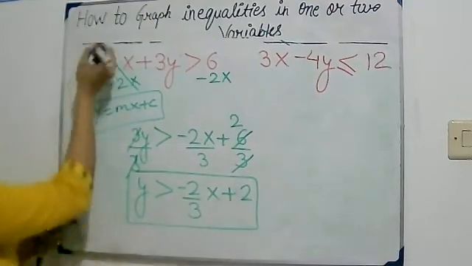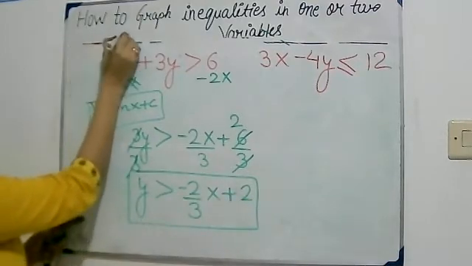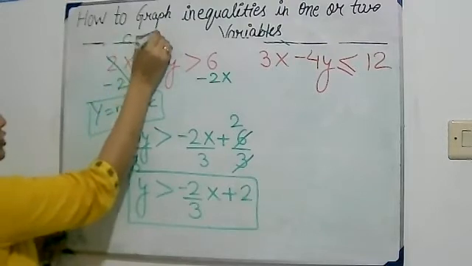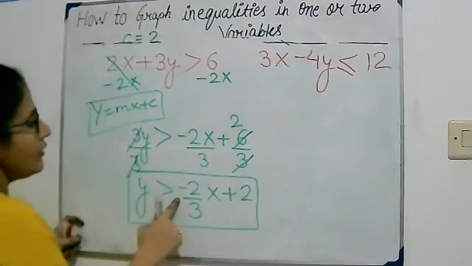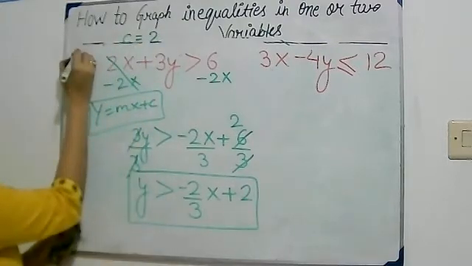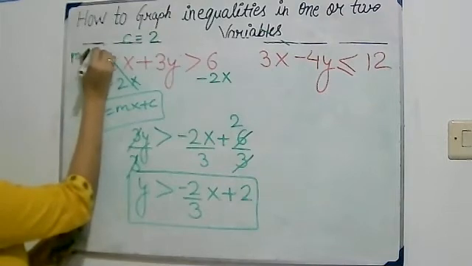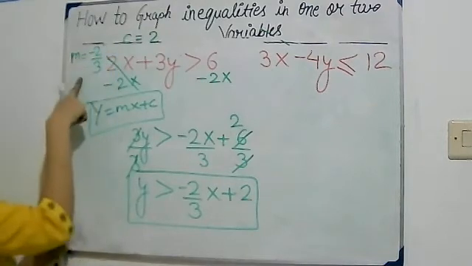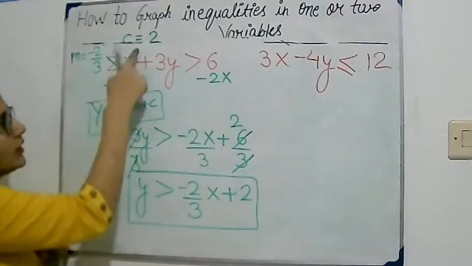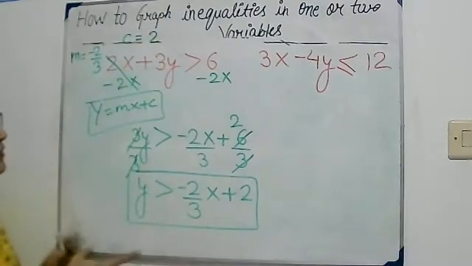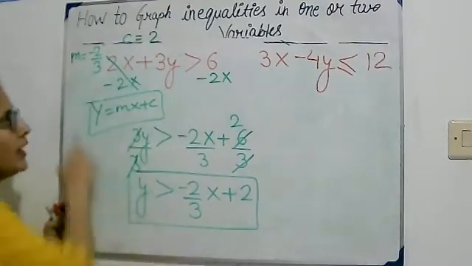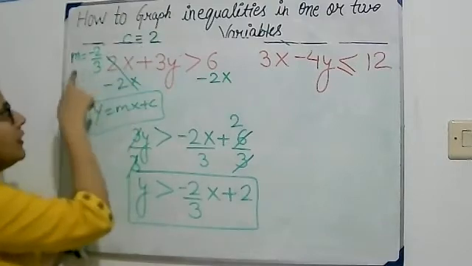So right here, the value of c is equal to 2 and the gradient is minus 2 by 3. Gradient m equals minus 2 by 3 and c is 2. That's why I wrote here the value of intercept and gradient.